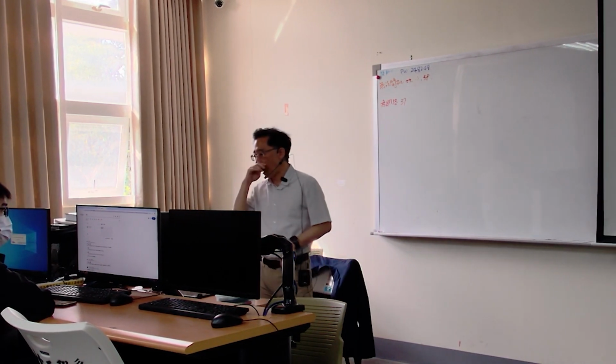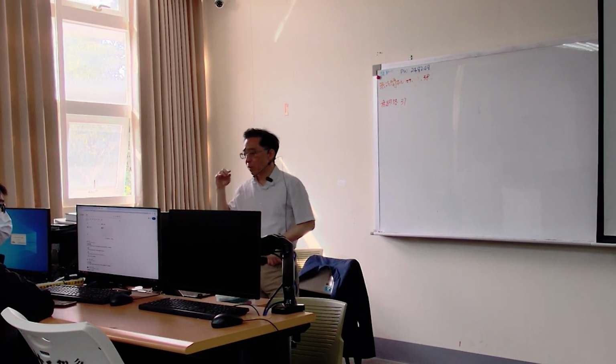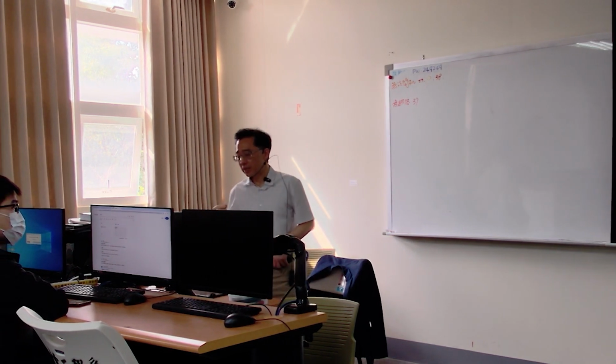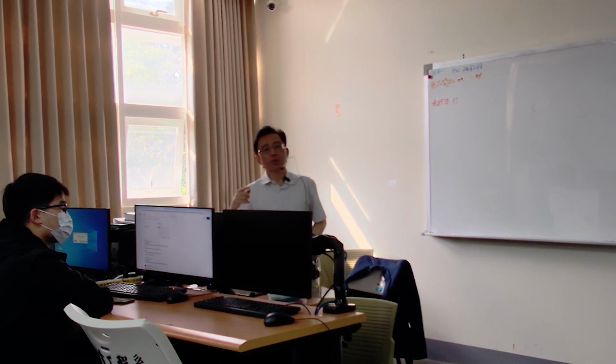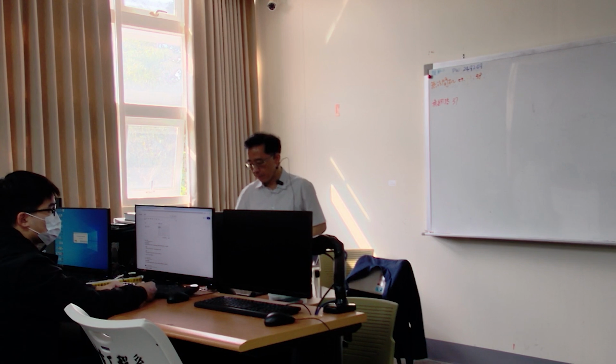For example, I will introduce rotating with the current frame, and also the second kind, called rotating with the fixed frame, and how we can combine them together to do the motion description or position description.